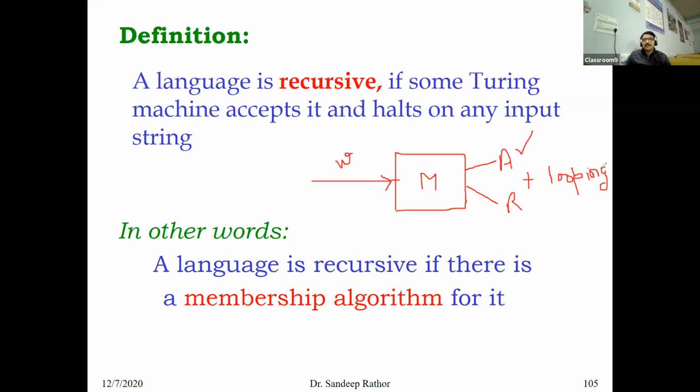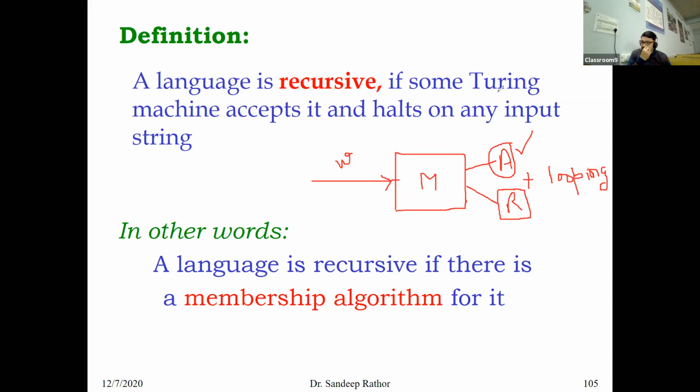So in case of recursively enumerable, if the language is accepted, then it is accept plus halt. Otherwise, in case of rejection, it is not guaranteed that you will find the solution; you may be in a loop. This is the basic difference between these two definitions.